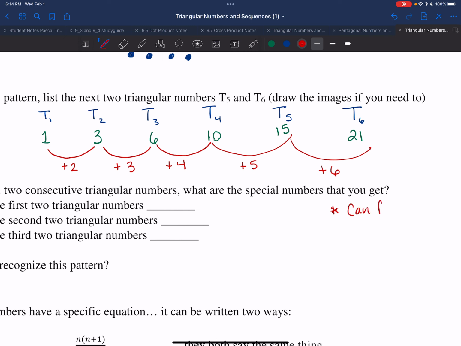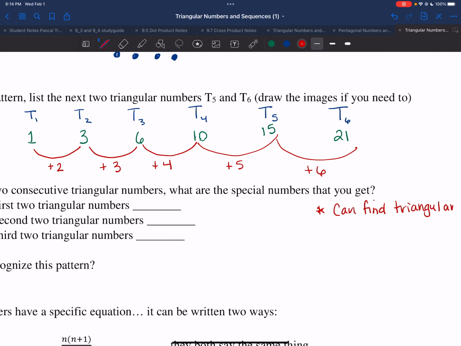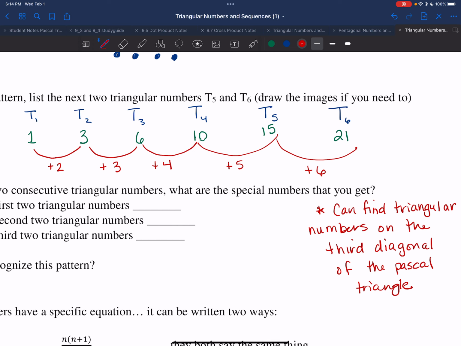Can find triangular numbers on the third diagonal of the Pascal triangle. We looked at that the other day, and if you're not sure, go back to the Pascal's triangle video and fast forward to where we talk about that.